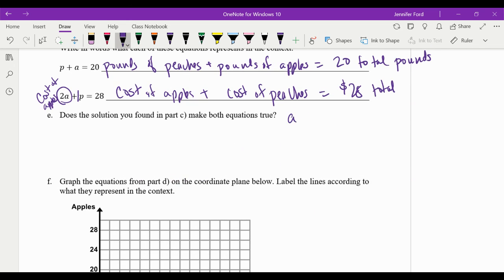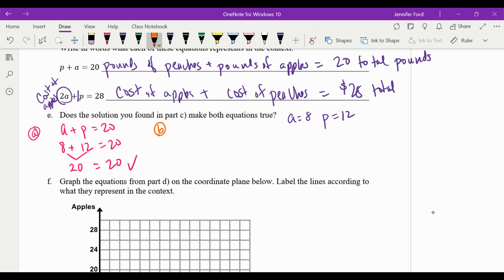This was my solution. So with this first one, I'm going to call this first one A plus P equals 20. A is 8 plus P is 12. That equals 20. That really does equal 20. So yes.